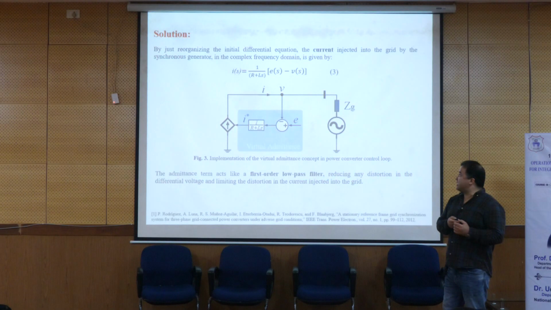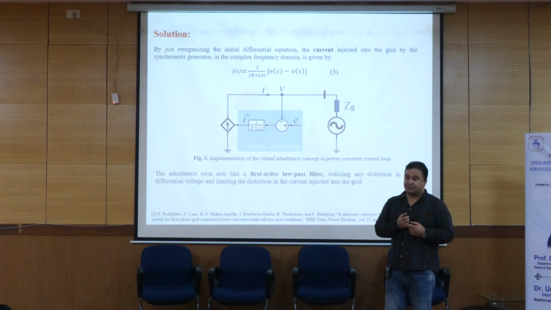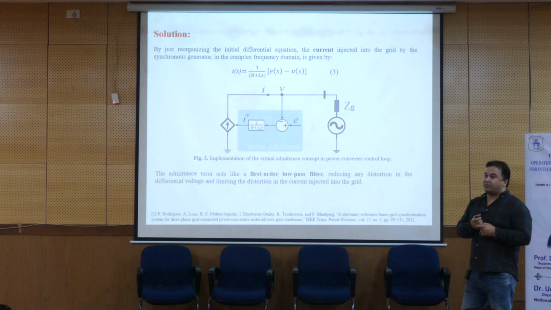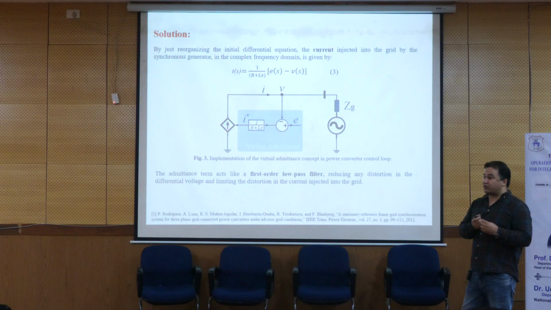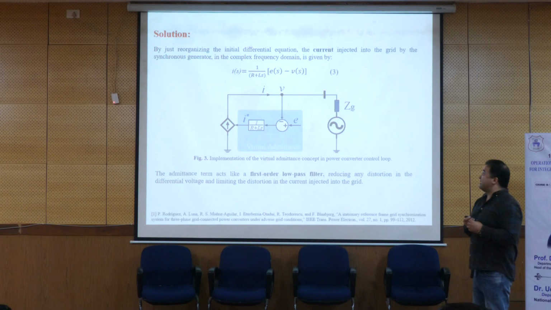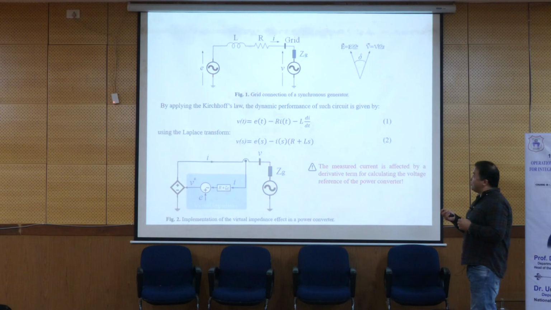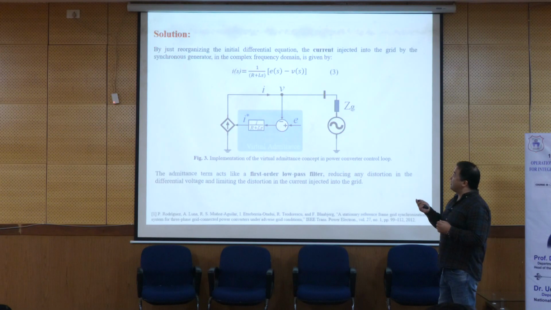So for this case, Pedro Rodriguez, a friend of Udaya, developed a technology we call SPC, synchronous power controller, and said that as a solution for this case, we get back to the same equation, but instead of considering the voltage model, we consider the current model.